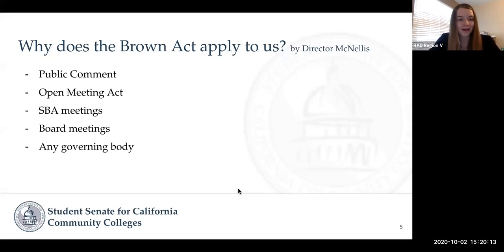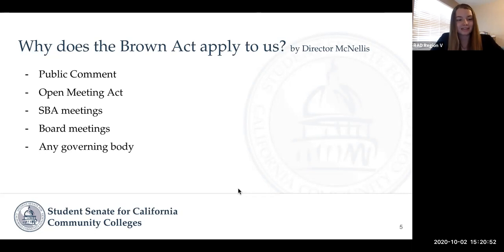And it's like, okay, we have no idea what action you took since 2017. And technically, all of that action was illegal because it was not open to the public, right? So just keep in mind, for all SBA meetings and all board meetings, you have to provide the Zoom link. If there's a password, you have to provide the password. You have to provide the time and date of all of your meetings, and they all must be provided publicly. So update your websites, update those meeting links, and make sure that any member of the public is able to attend.